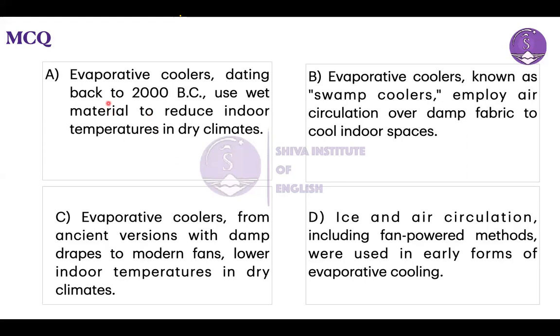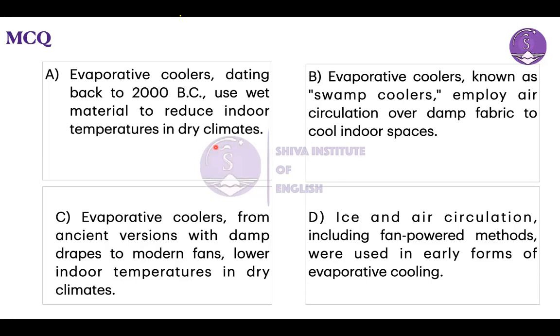Option one accurately mentions the historical context, right? Because it is stated that evaporative coolers were used from ancient times onwards, in 2000 BC, using wet material to reduce indoor temperature in dry climates. So that's what the summary could indicate, or not, we need to observe.